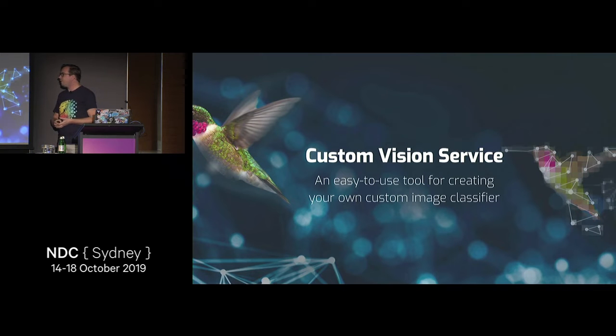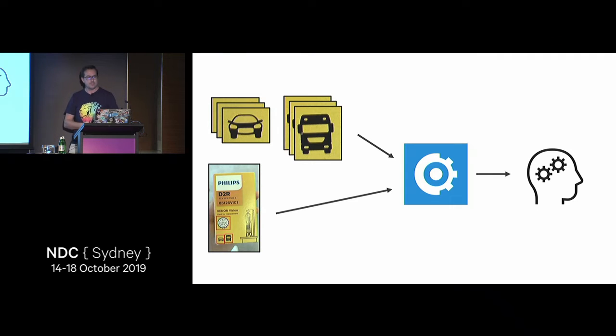So I want to zoom in a little bit on how this custom vision service works. You have to give it sample data, for instance a lot of car icons or a lot of truck icons. You can choose what you want.